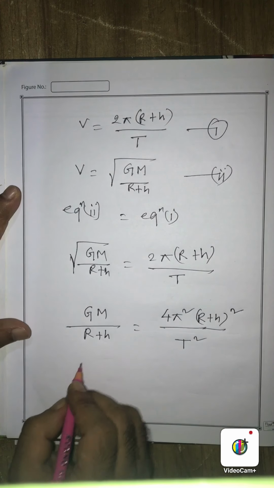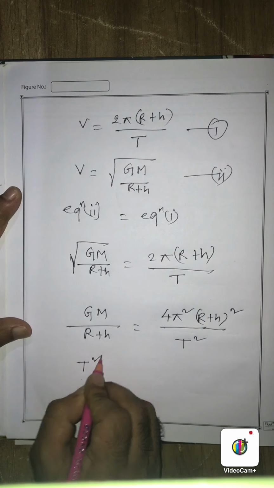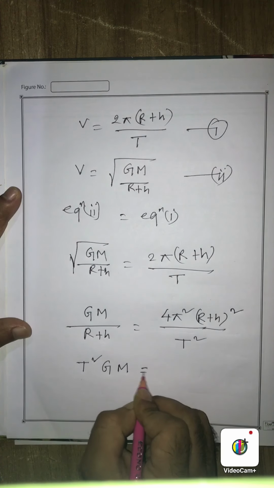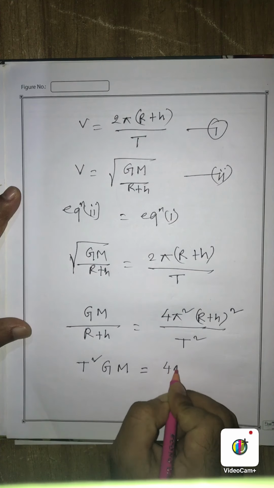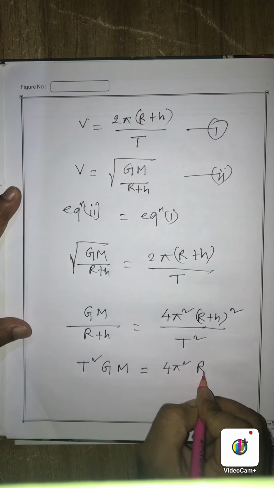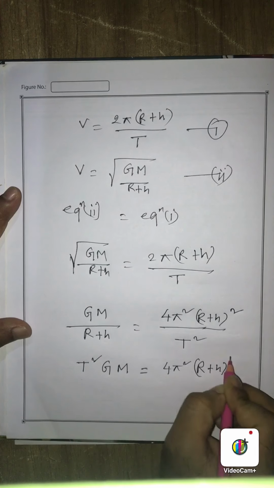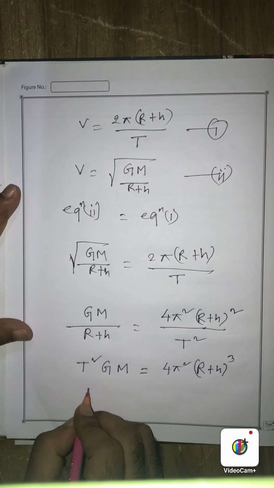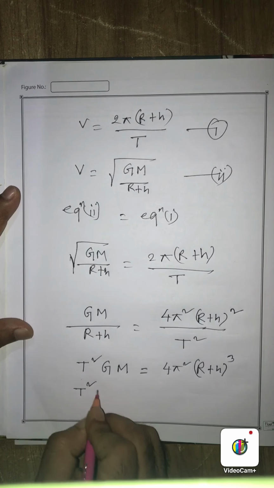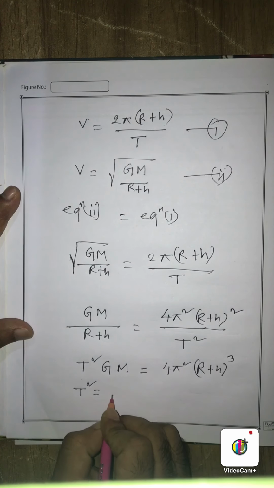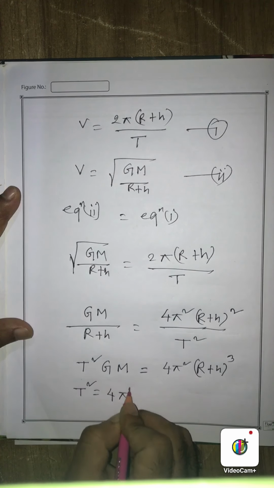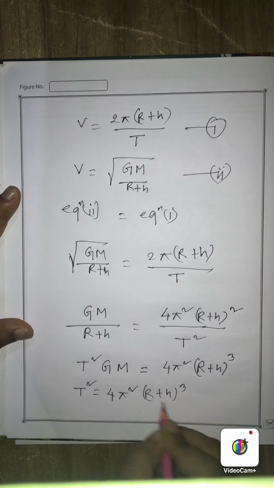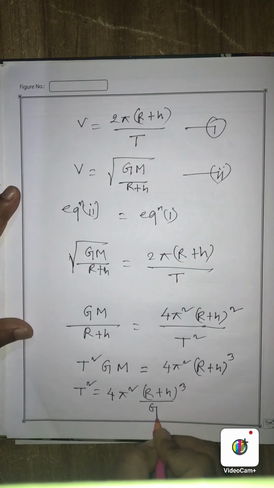Now cross multiplication: T squared GM equals 4π squared (R plus H) whole cube. Now T squared equals 4π squared (R plus H) whole cube divided by GM.